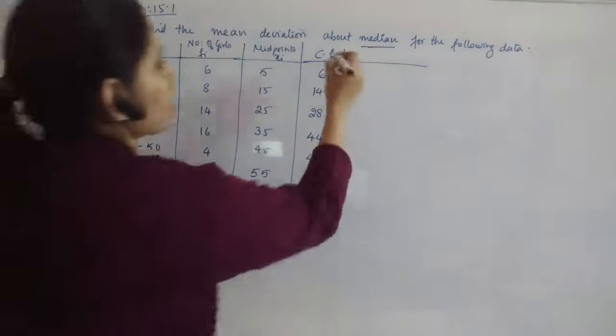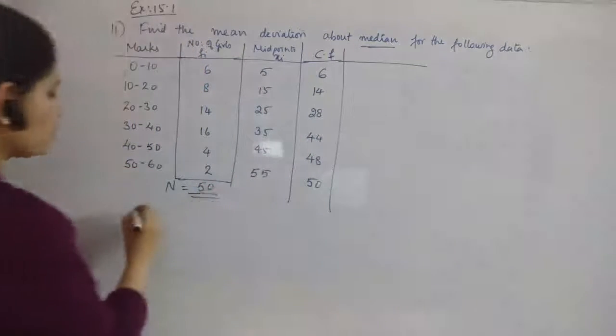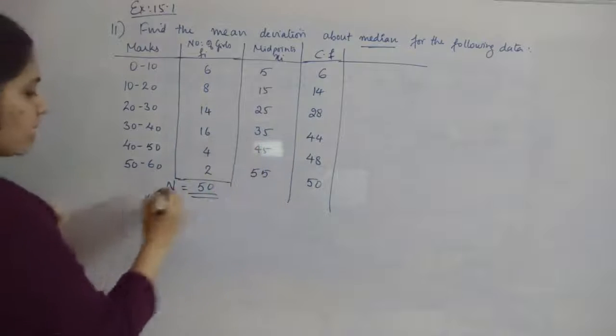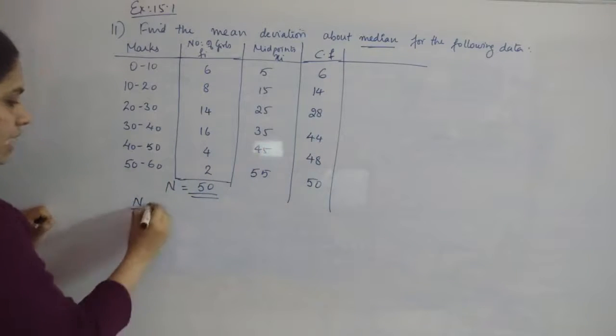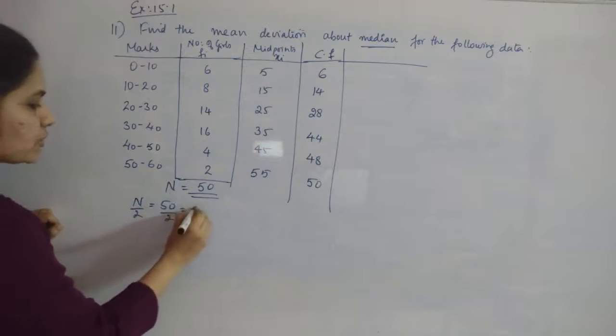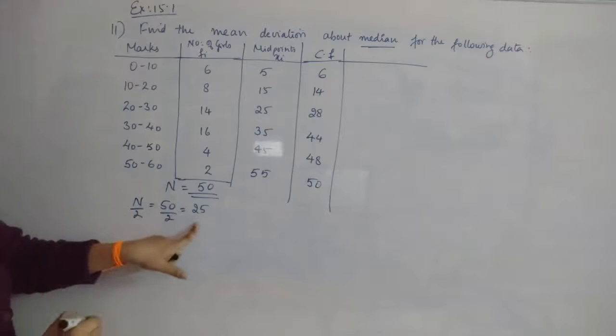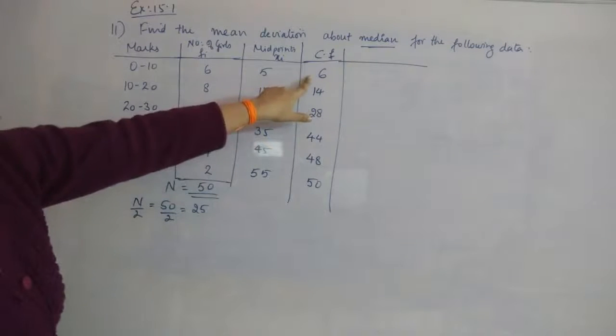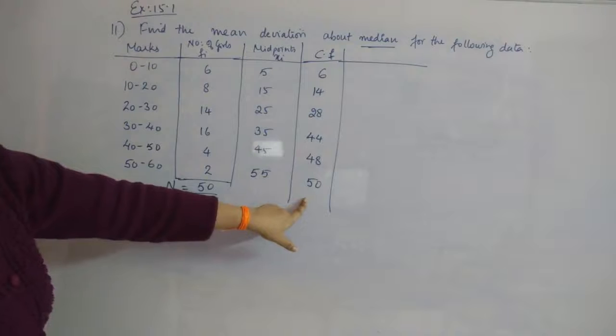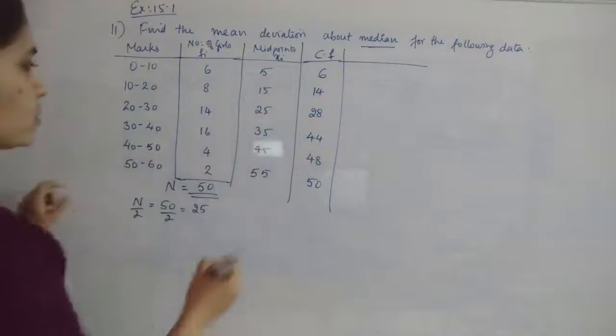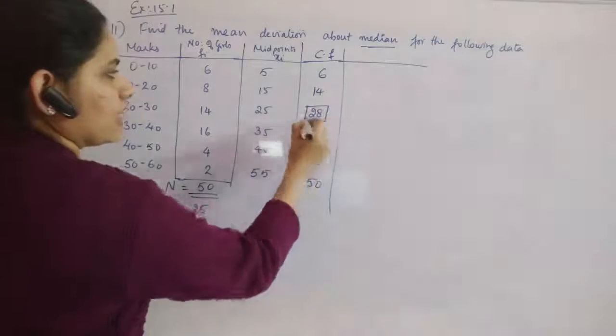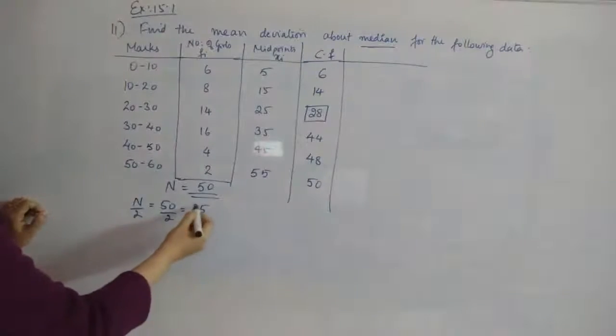Now you have to find out what the median is. Again we have to calculate N by 2. N by 2 is 50 by 2, which is 25, and you have to check the value in the cumulative frequency column which is greater than or equal to 25. You can see that 28 is the value just greater than 25.